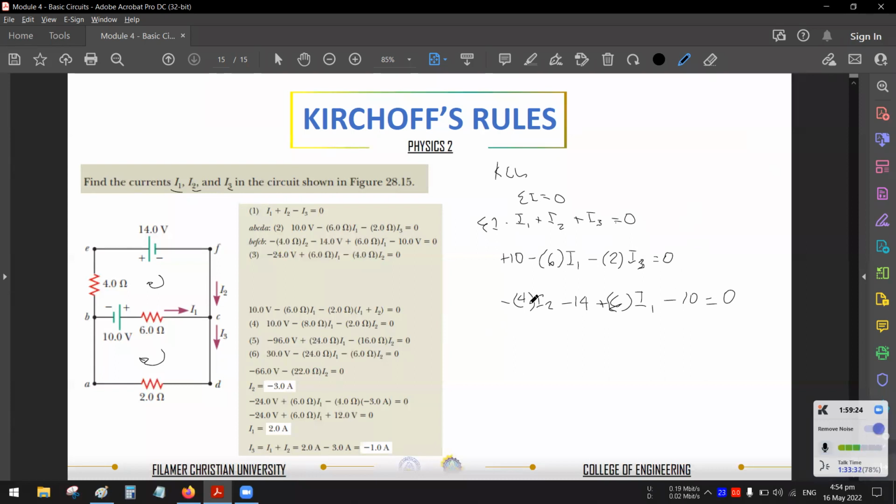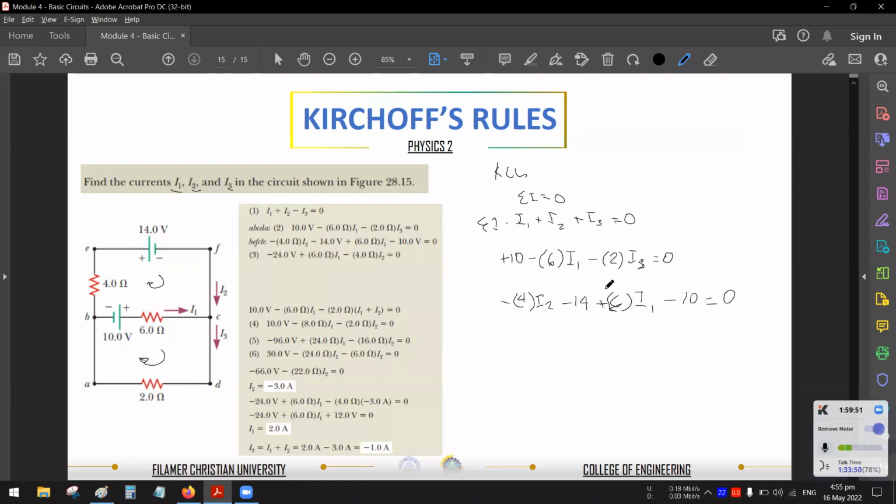So, we can now have a simplified equation if you multiply by 4. Tingnan natin. So, substitute lang pala natin. Sinubstitute natin yung equation 1 dito sa equation na to. Okay?